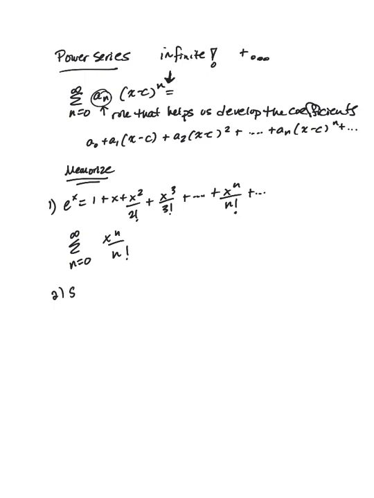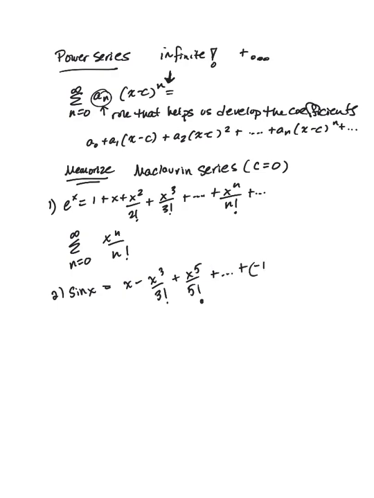Then you need to know sine x. Sine x is x minus x cubed over 3 factorial plus x to the 5th over 5 factorial. This is just an extension, all right? These are Maclaurin series. That means they're centered at 0. Okay, so c equals 0. That's what that means. Plus dot dot dot.